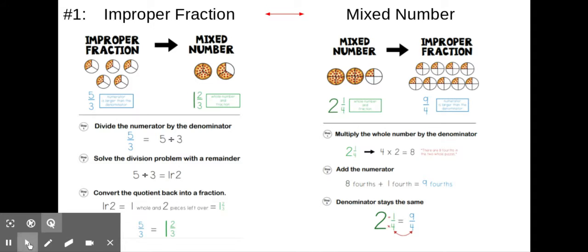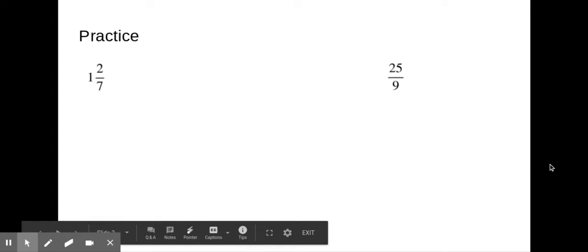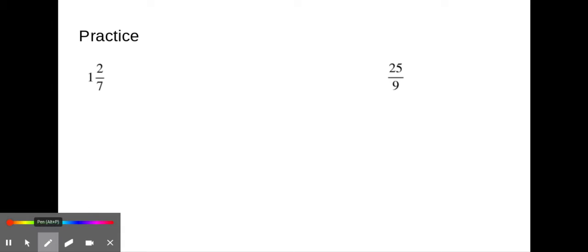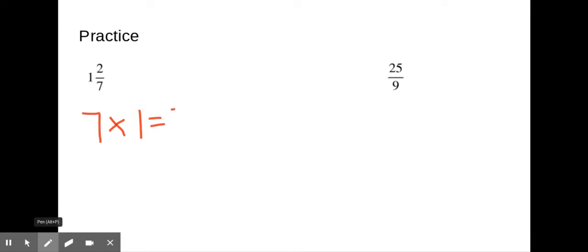All right. Moving on. We're going to practice this. Here I'm going from a mixed number to an improper fraction. So I'm going to multiply the denominator times the whole number, and I'm going to add the numerator, and I'm going to get 9 over 7.